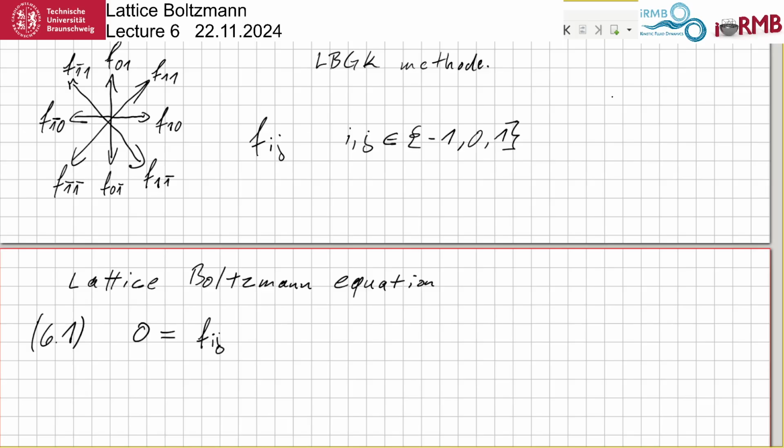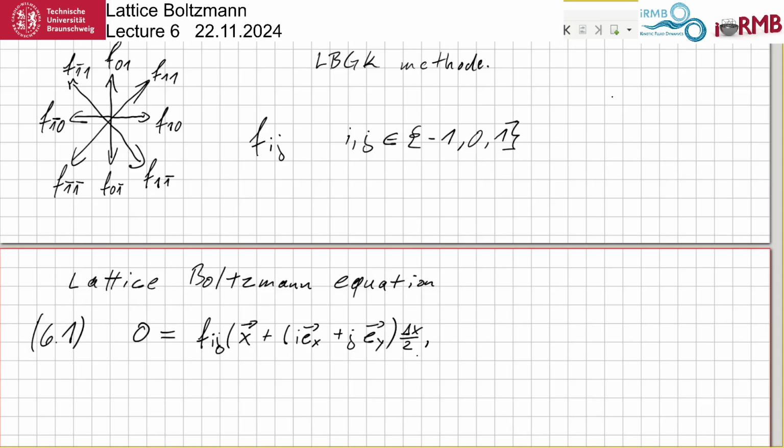I have the pre-collision distribution Fij at a position x, and to this position x I add a movement delta x half, so I move from the position x half a grid spacing in the direction of where the population is flying.